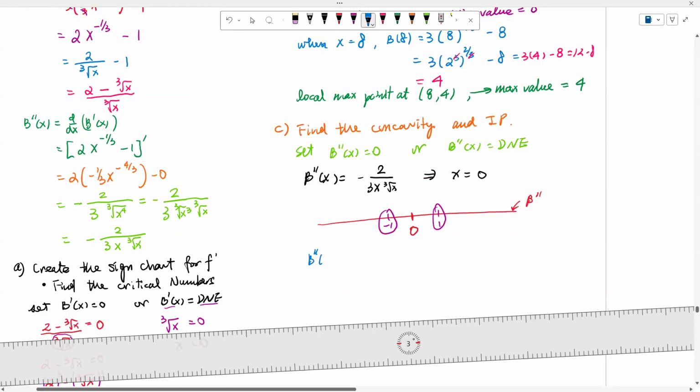I have b double prime of x is -2 over, maybe let us work with 3 times the cube root of x to the power 4. Then in this case, b double prime of -1 is -2 over 3 times the cube root of (-1) to the 4.